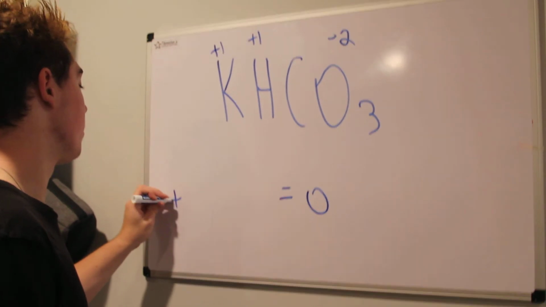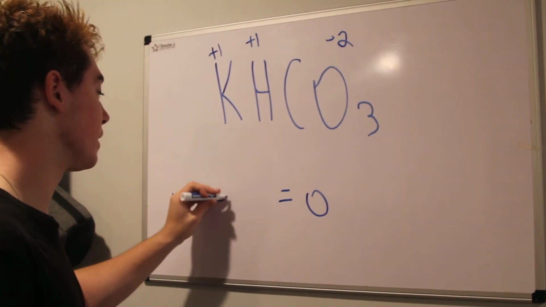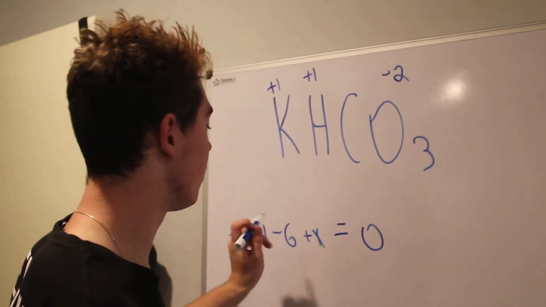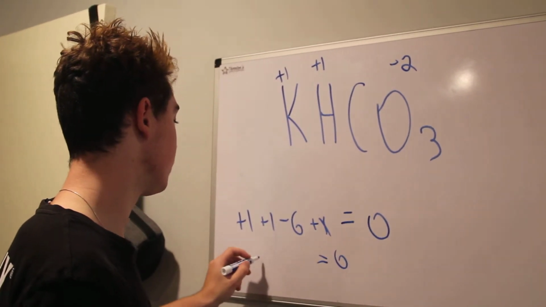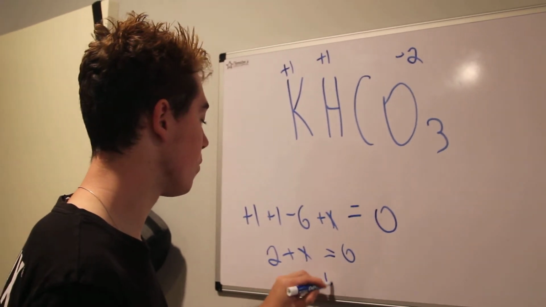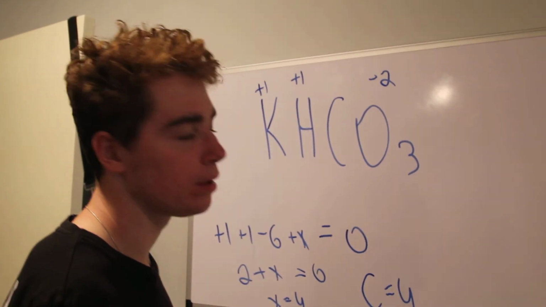It will be +1 +1 -6 plus x. And then we solve it, which would be 6 equals 2 plus x, x equals 4. Therefore, C equals 4.